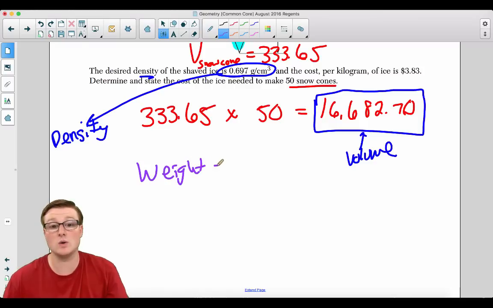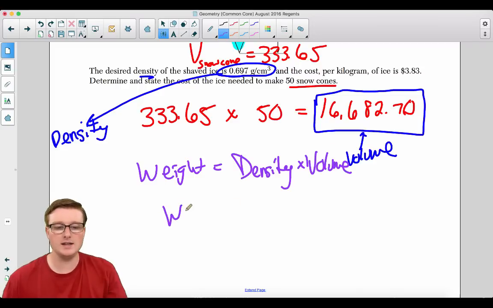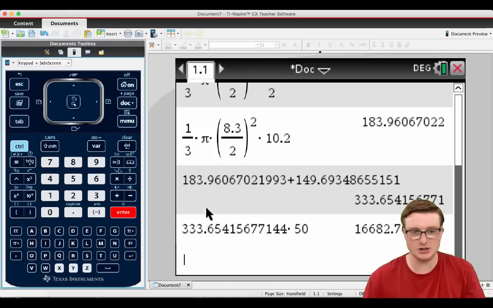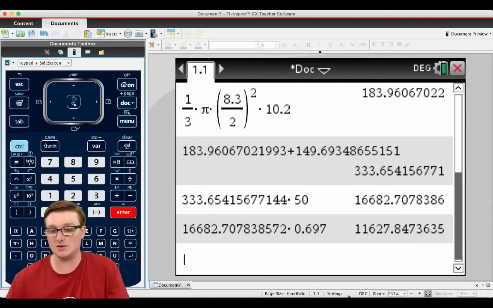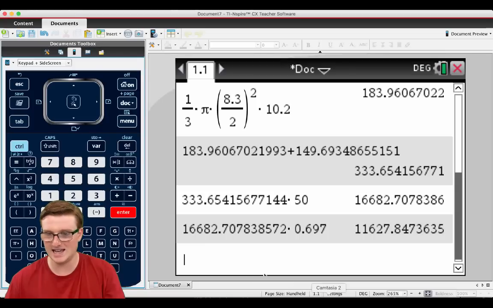We need to use it here as well. So the weight is equal to the density, which is 0.697, times 16,682.70. And when you plug that into your calculator, you get 11,627.85. So weight is equal to 11,627.85.